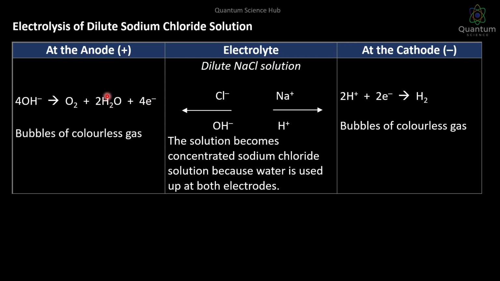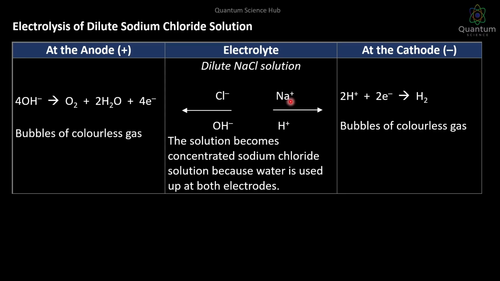So what is the observation at the anode? You will have oxygen gas in here, right? So it is bubbles of colorless gas, because oxygen is a colorless gas. And what about at the cathode or negative electrode? The positive ions will be attracted. So which one will you choose? Sodium or hydrogen?